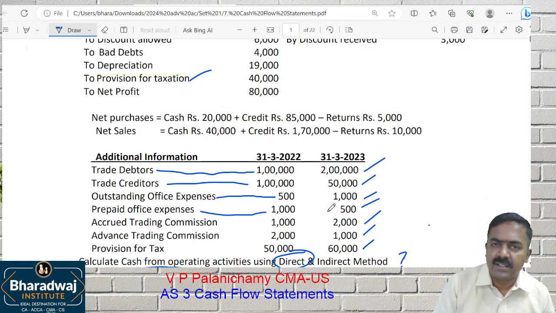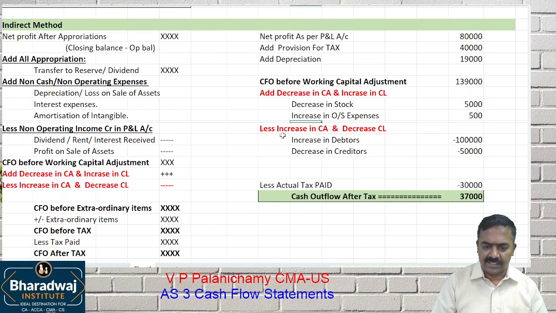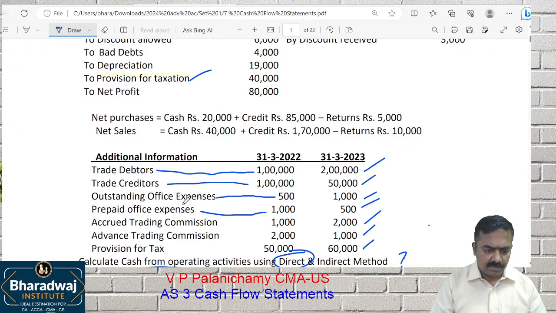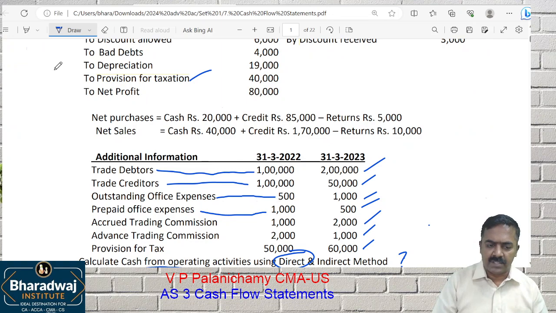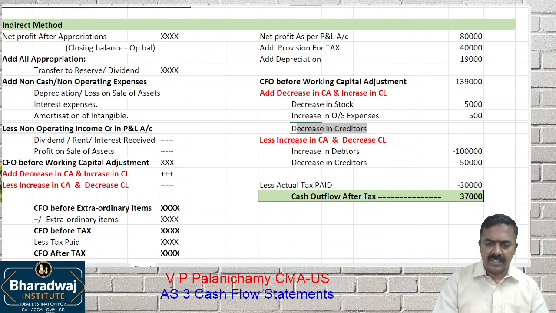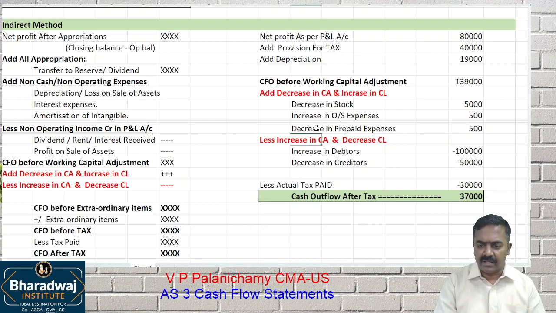Asset, current asset. Opening balance was 1,000. It is reducing, so decrease in prepaid expenses. Current asset decreased, so we are adding it.